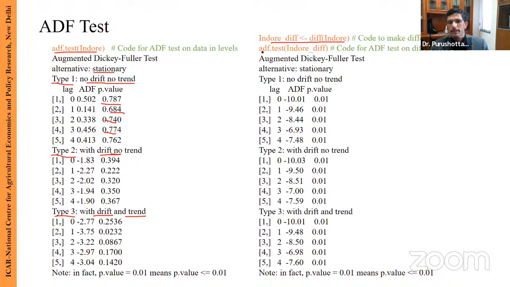Again, same, but the variable here is differenced once. Now we see that the series is stationary. So we can conclude that our series is stationary at one level of differencing, or it has a unit root, one root in that.